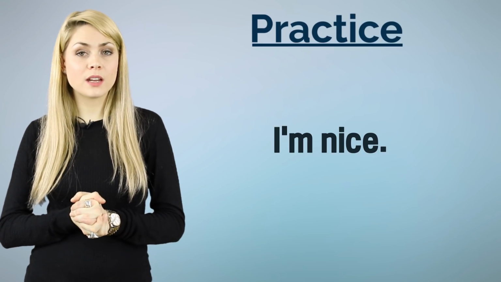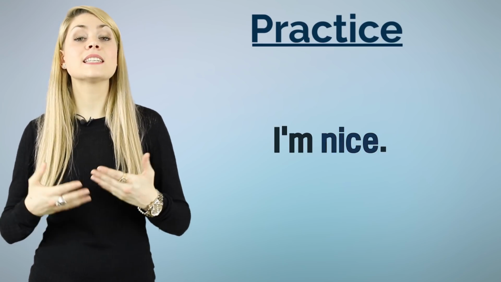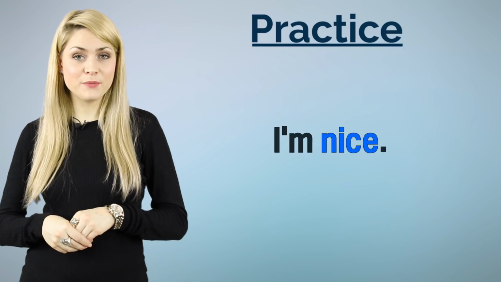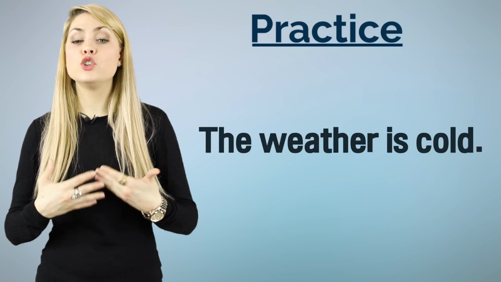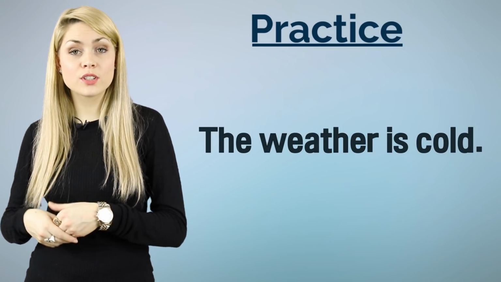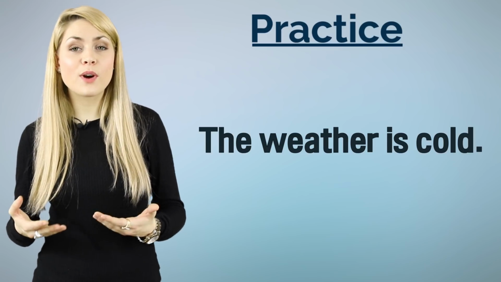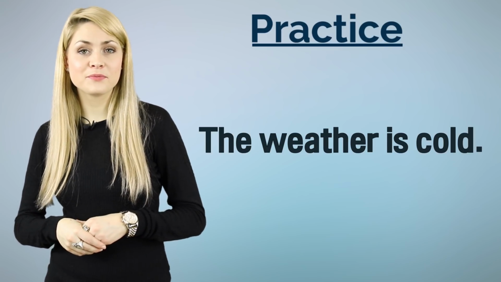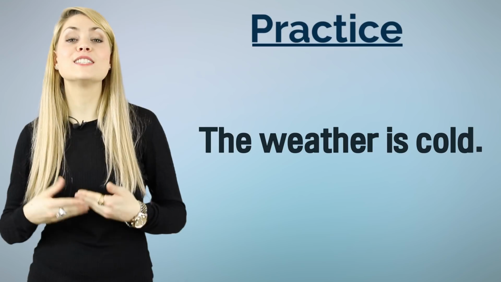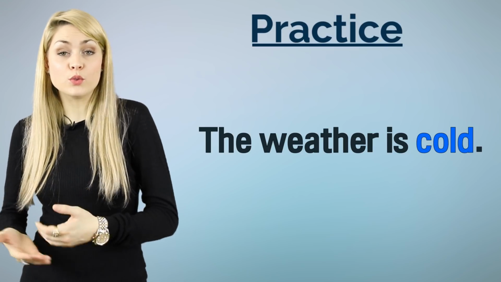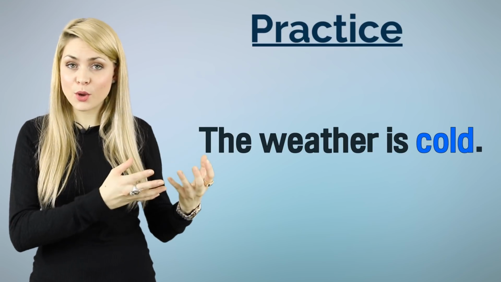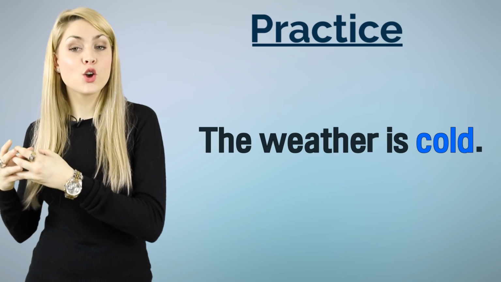Again, can you spot the adjective? It's nice. Okay? And finally, the weather is cold. What's the adjective? Where is it? Can you see it? The adjective is cold. What's cold? The weather. The weather is the subject and the adjective is cold.